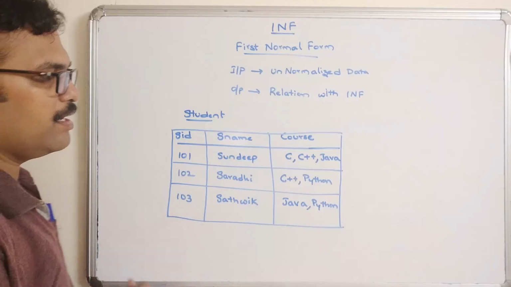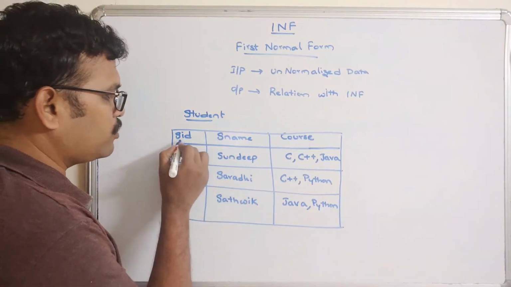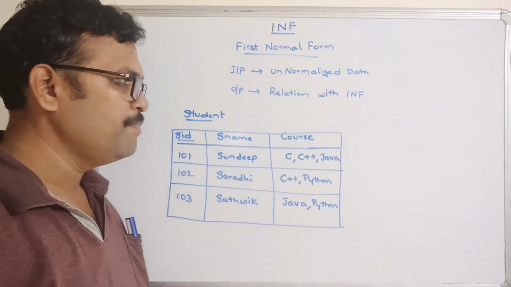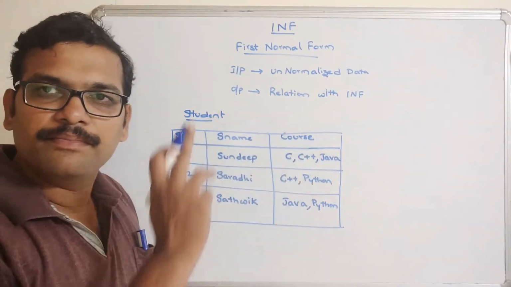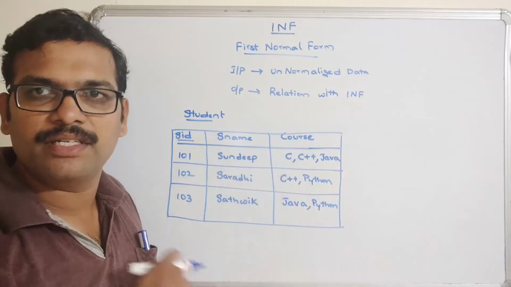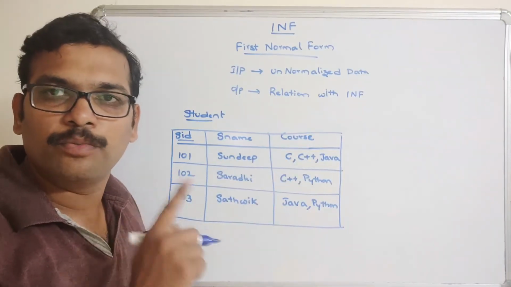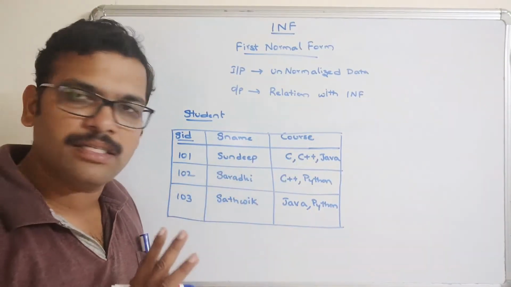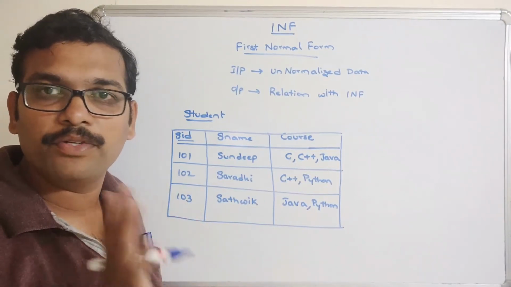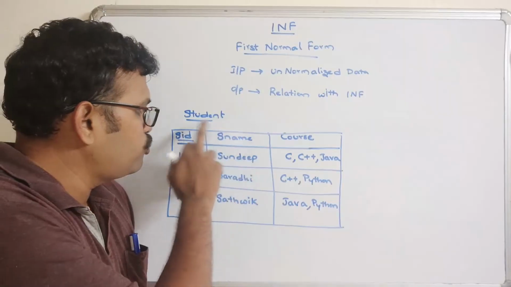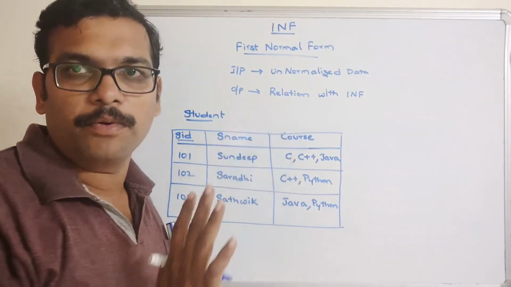Now let us check whether this particular table, where the ID is the primary key, satisfies the 1NF points we have discussed just now. The first one, it should have atomic values, yes. Second, it should not contain multiple values or composite values. The ID and the name are not composite.